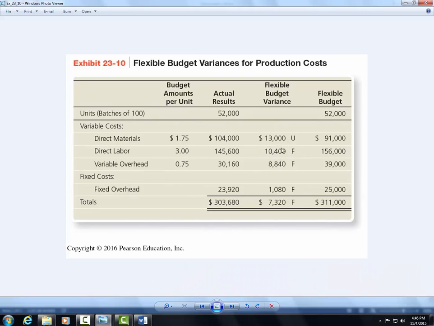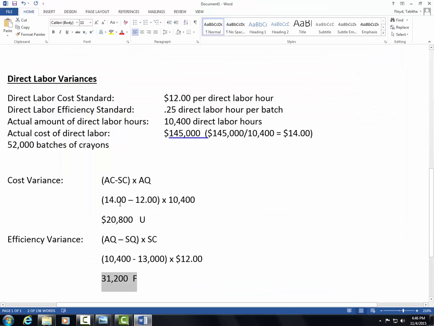So now we know why we had a direct labor variance that was favorable by 10,400. It's because we used a lot less hours than we thought we should have. We paid our workers more per hour, so that indicates we may have hired more experienced workers.